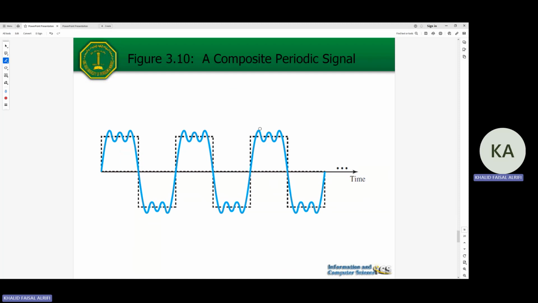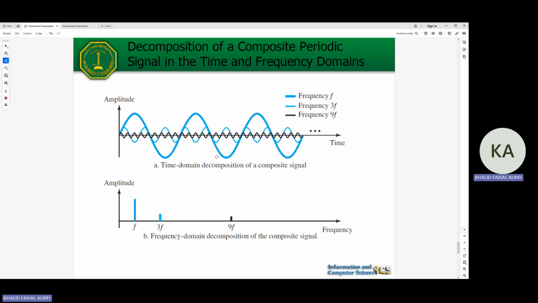The composite periodic signal means that it consists of two signals. There's the first signal and the second signal, which is in blue. Here is the decomposition of the composite periodic signals in the frequency domain. Here it's represented in the time domain. He gives you the frequency as f, then multiplied by 3, then multiplied by 9. So just represent it in the frequency domain.